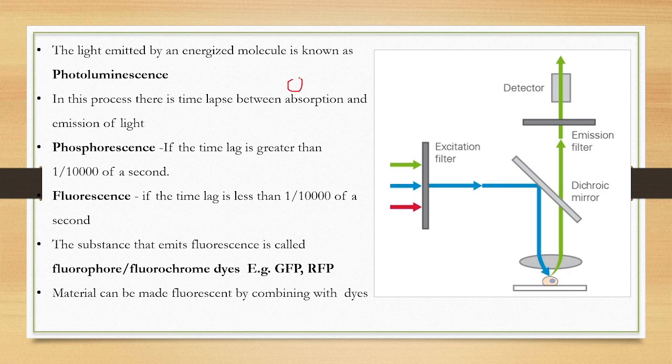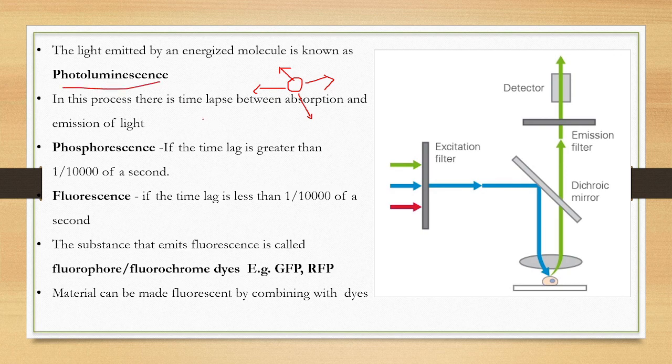If a substance is energized and it emits light, that process is called photoluminescence.